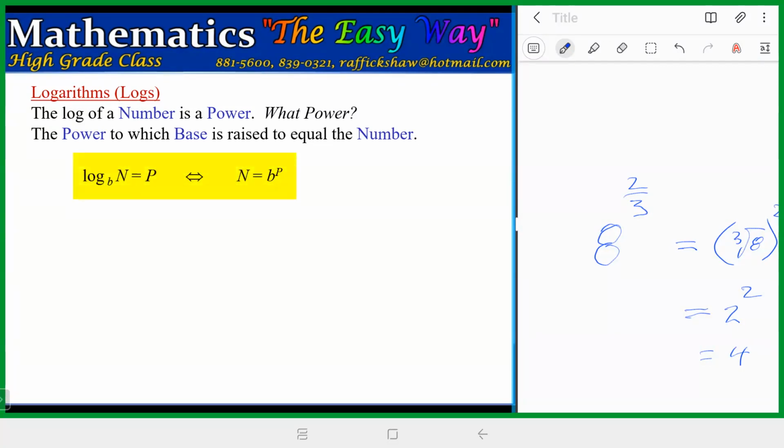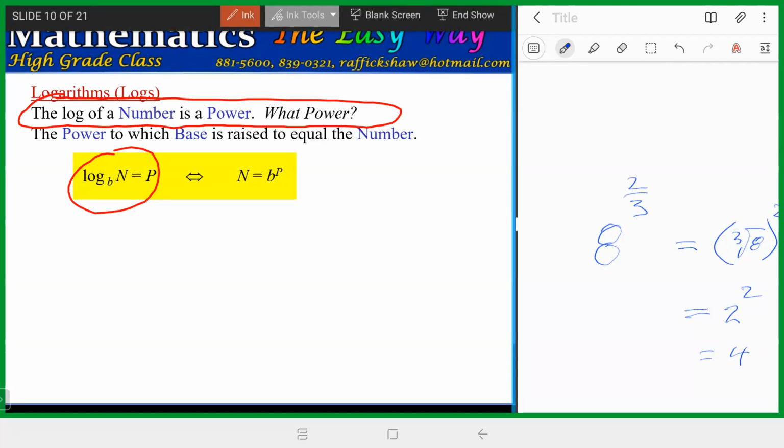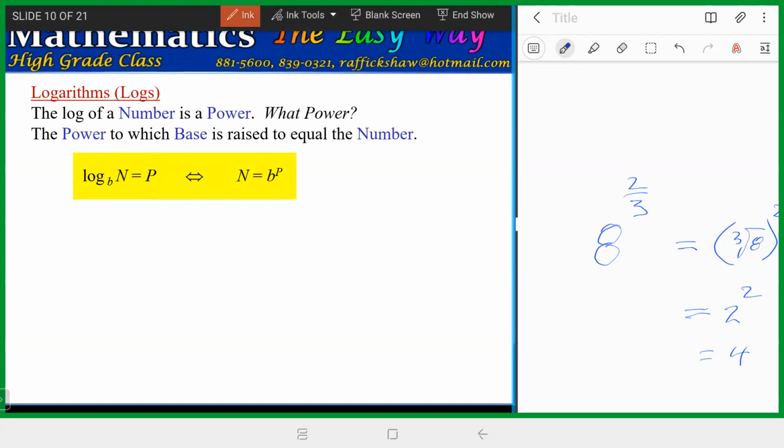This is what I just said on the first line: the log of a number is equal to a power. I deliberately use n for number, b for base, p for power to illustrate this. A log is always to a base.